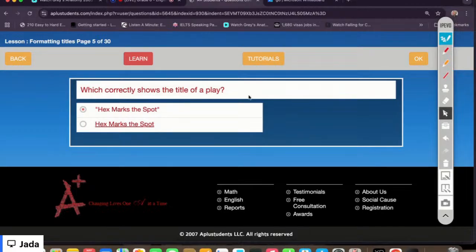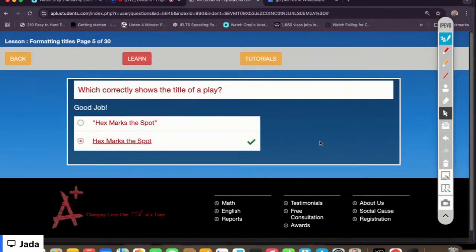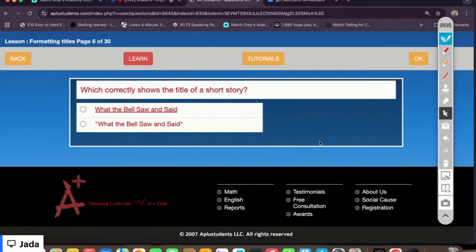All right, so we have the second. So we have to make sure that we underline. All right, so for a short story, "What the Bell Saw and Said."